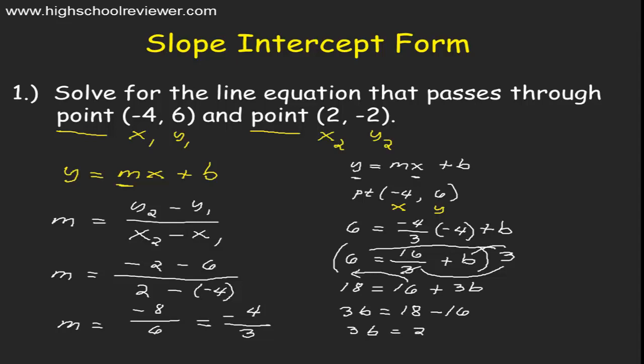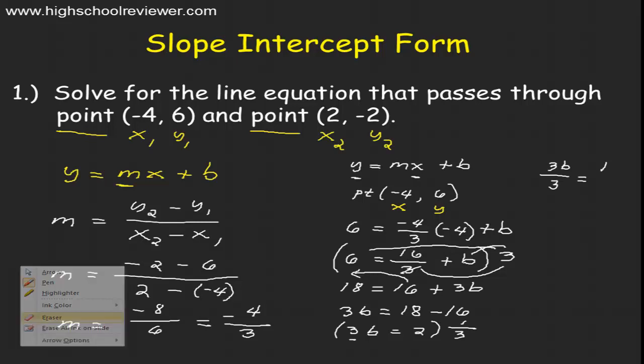So to find for b, we need to cancel out 3. Divide both sides of the equation by 3. So this will be 3b all over 3 equals 2 over 3.